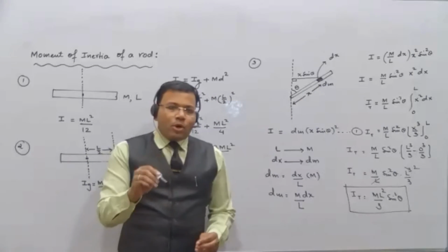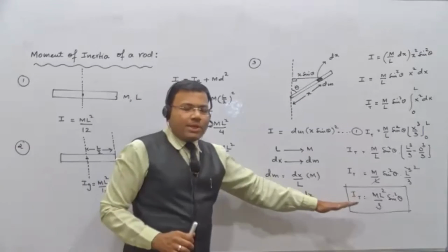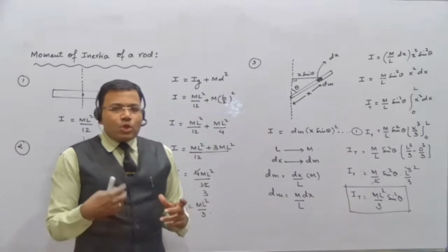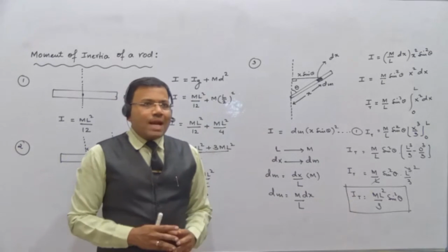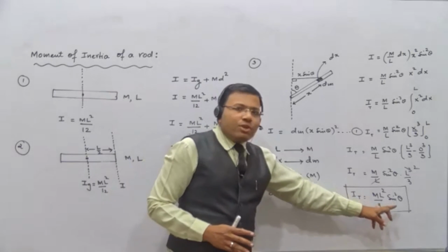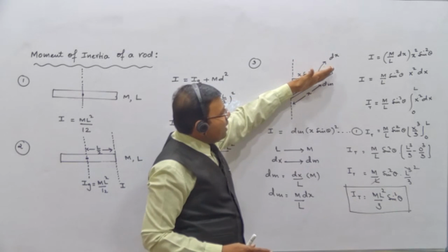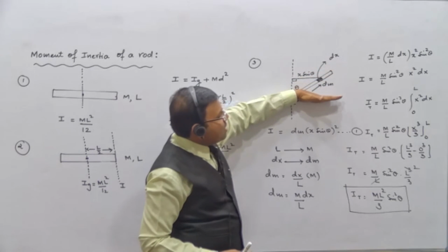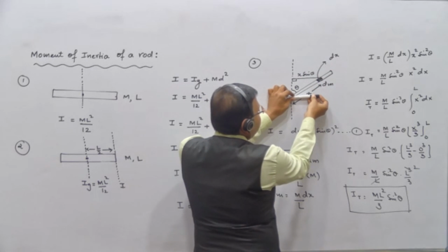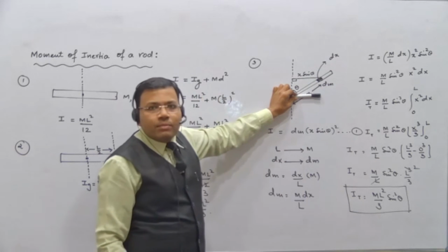Now a very important thing to note here: M L square by 3 sin square theta is the moment of inertia in this situation. I am showing you a special case for this. What is that special case? See students, if you clearly observe, it is M L square by 3 sin square theta, right? So if I take this rod exactly like this, try to understand, I am taking this rod like this and rotating it. So how much is the angle here? It is theta.